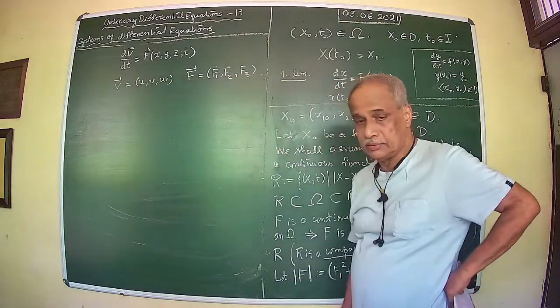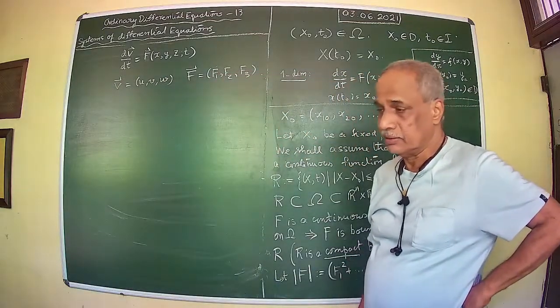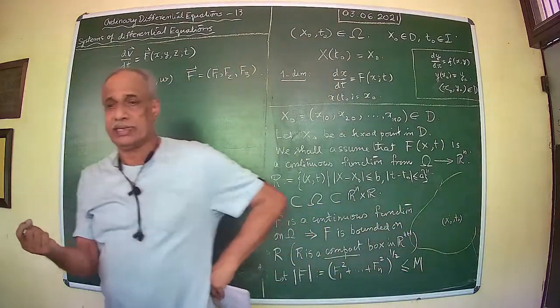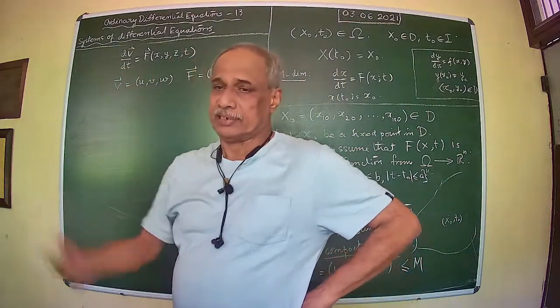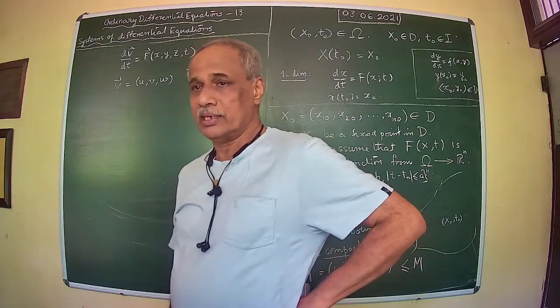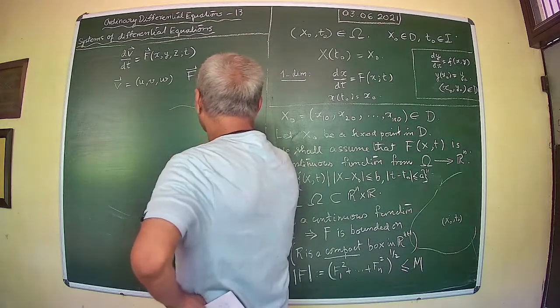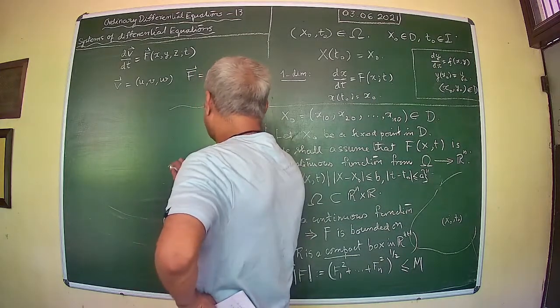For example, in the flow of a river, when the river is flowing, at each point there is a velocity vector. You consider it as a three-dimensional thing.